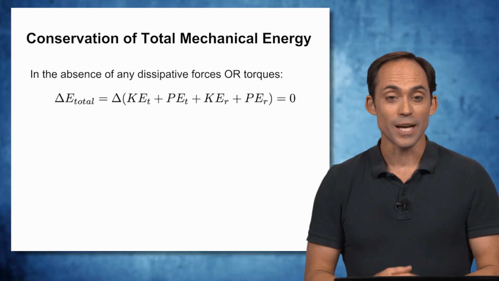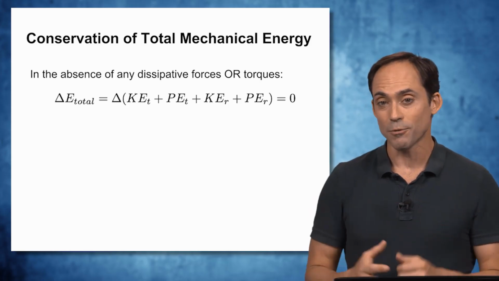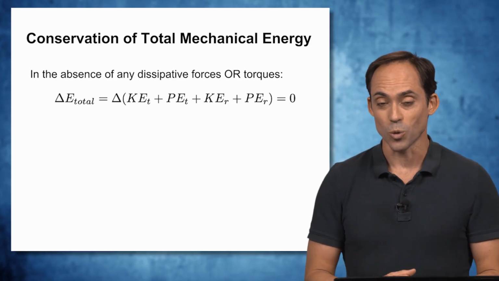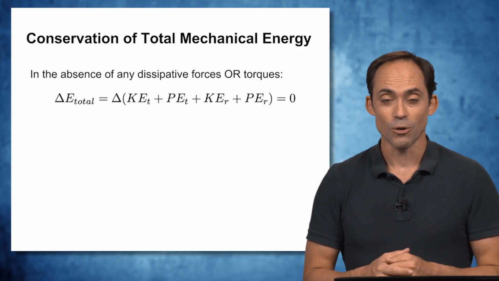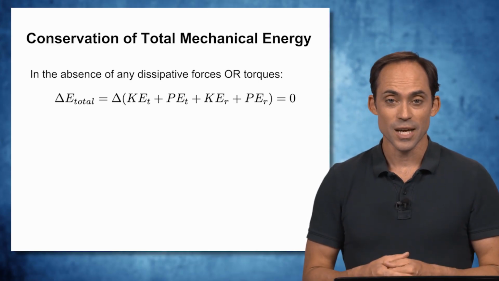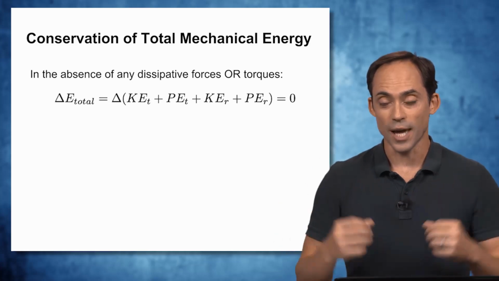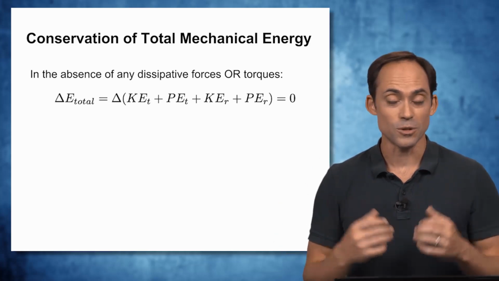And as we saw before, in the absence of any dissipative forces or dissipative torques, and of course those are torques that arise from the dissipative forces, the change in this total mechanical energy of our system is equal to 0.